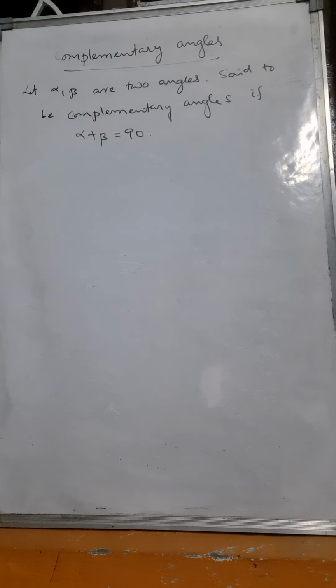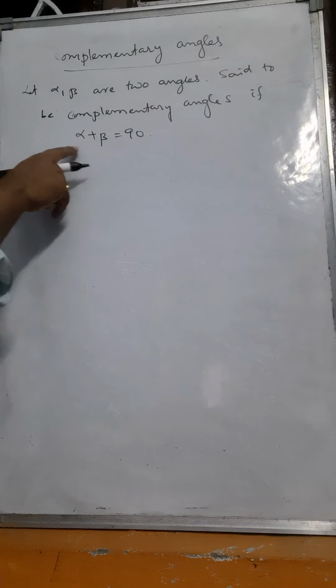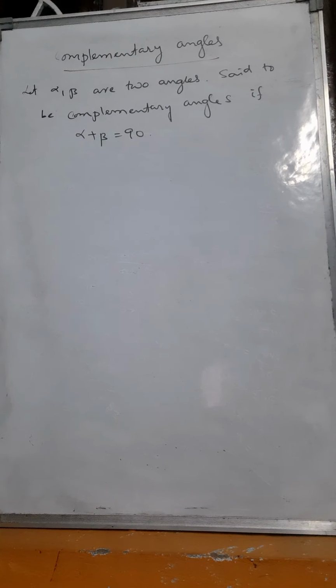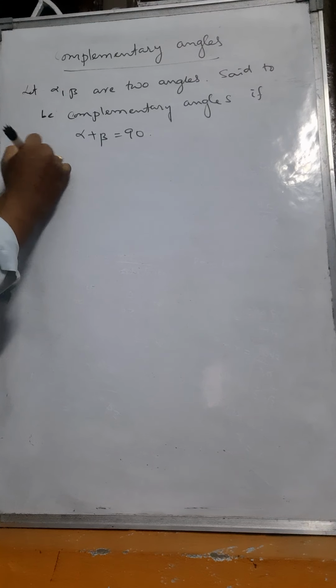If the sum of the angles is equal to 90 degrees, then we say that alpha, beta are said to be complementary angles.